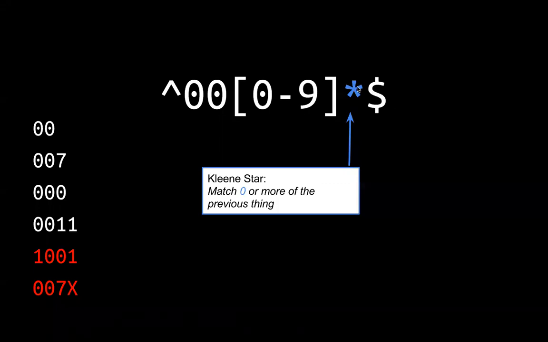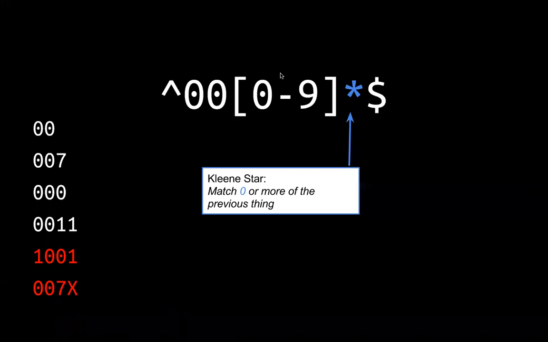You can change the plus sign to a star, which is just your little star or asterisk character. The asterisk works in a very similar way to the plus, but instead of matching 1 or more items, it matches 0 or more of the previous thing.